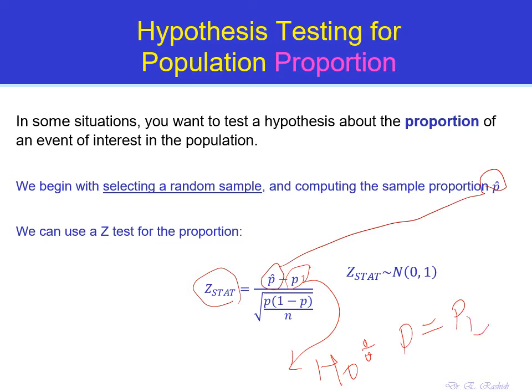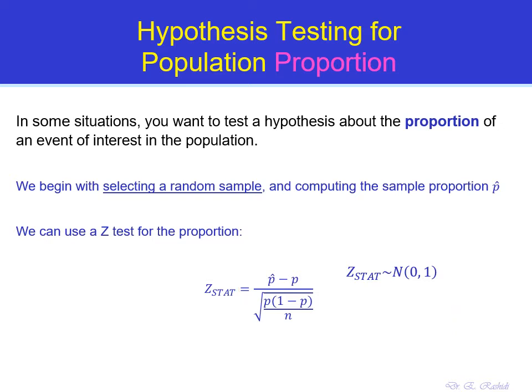So that comes from here. Always the value of parameters in the tested statistics comes from the null hypothesis. And then we have the standard deviation, which is the square root of p multiplied by 1 minus p over n. Z-stat, the tested statistic, is a random variable that follows a standard normal distribution with an average of 0 and a standard deviation of 1.